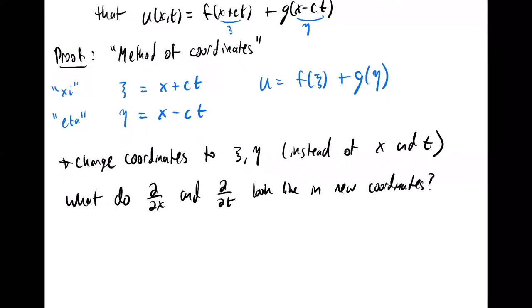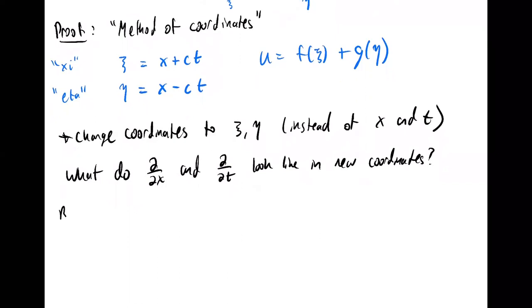Well, we can understand this by using the chain rule. In particular, if I look at the derivative with respect to x of u, I want to use the chain rule to relate this to xi and eta.